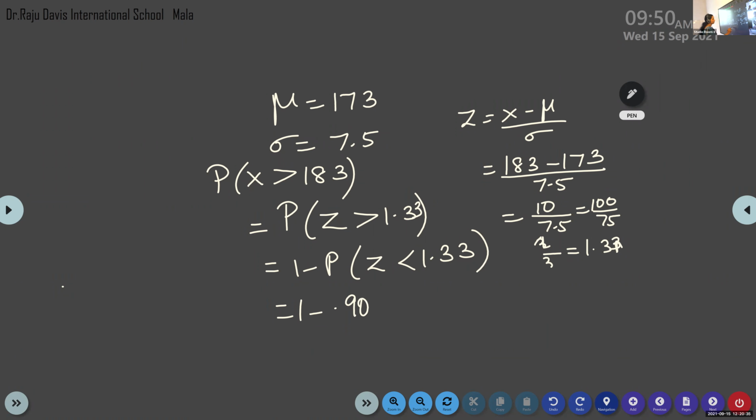0.9082. Is it correct? So now subtract it from 1. From 1, you subtract 0.9082 and give the answer.